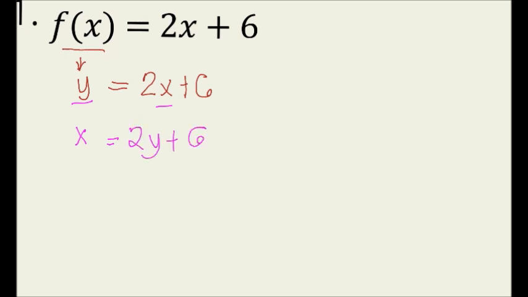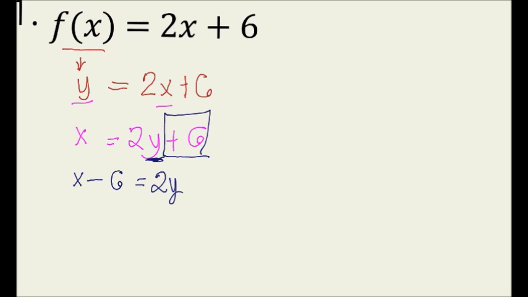And next step, we are going to solve now for y. So we want y to be left on one side of our equation. So we're going to transpose 6 to the other side, so it becomes x minus 6 equals y.